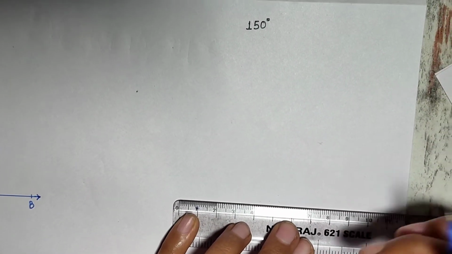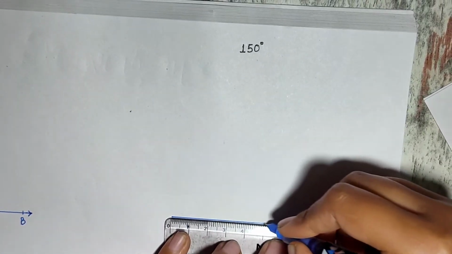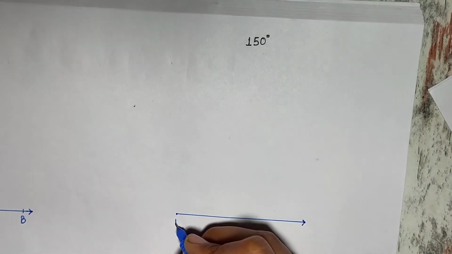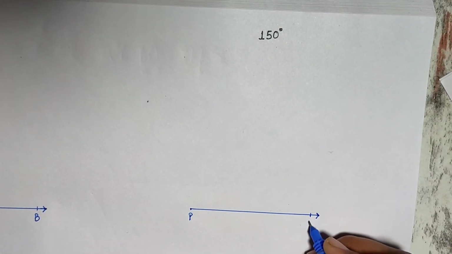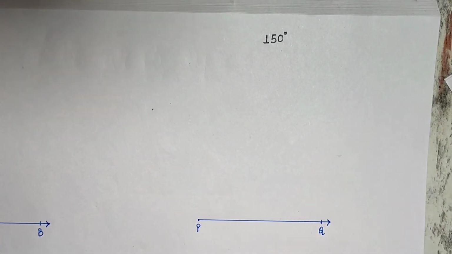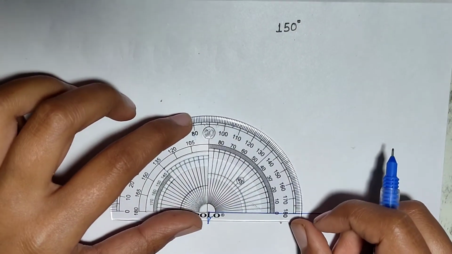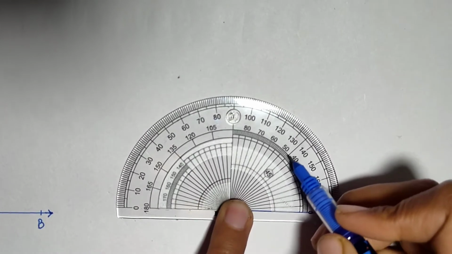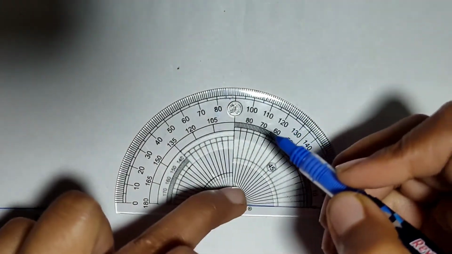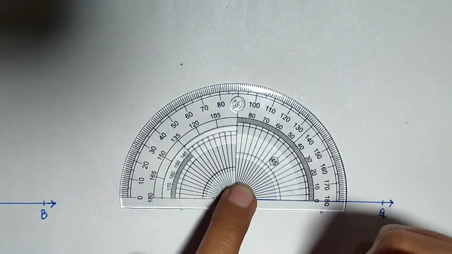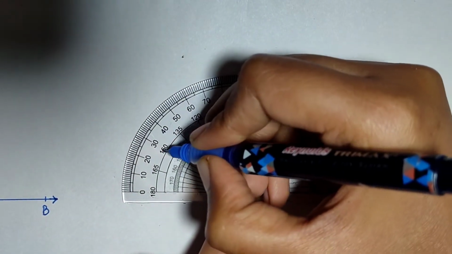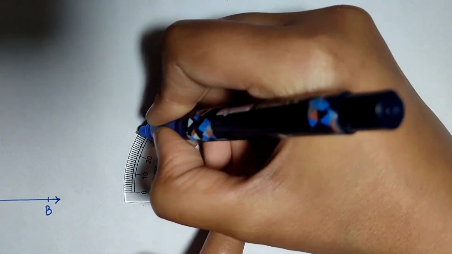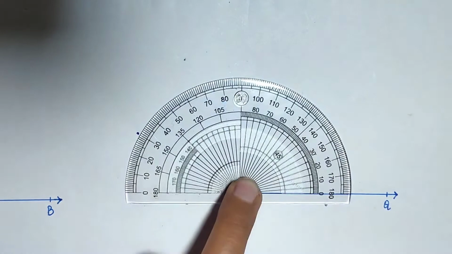Next angle we have to draw is of 150 degrees. So again draw a ray PQ. Place your protractor on ray PQ and find 150 degrees on your protractor. So here you can see just below 30 we have 150. Make a point here.